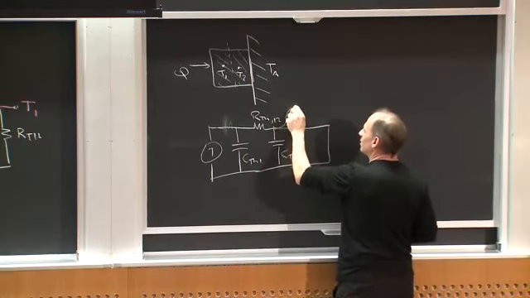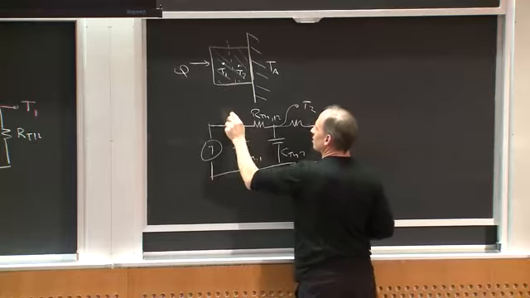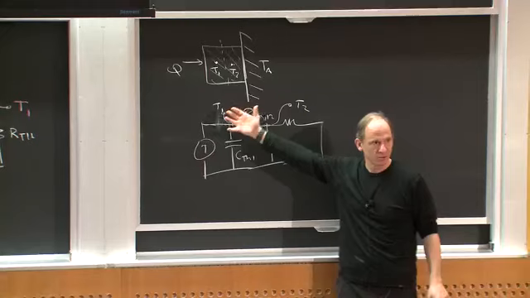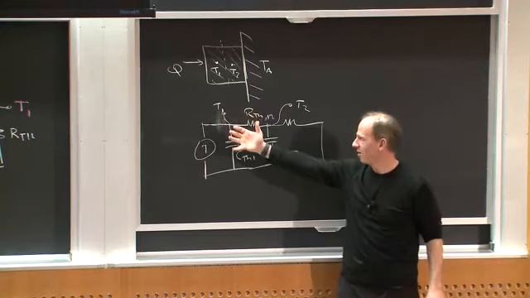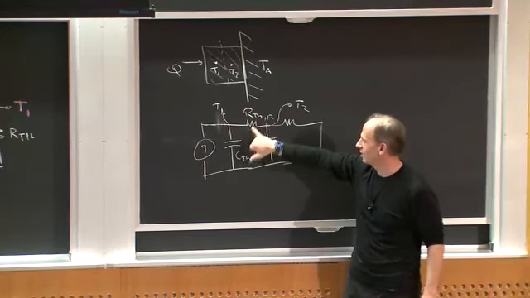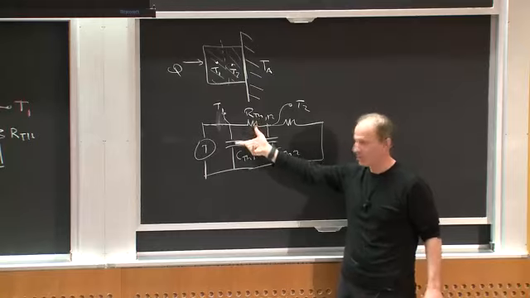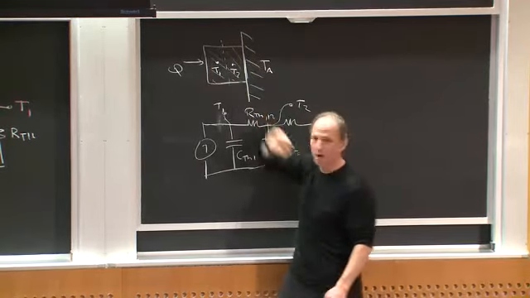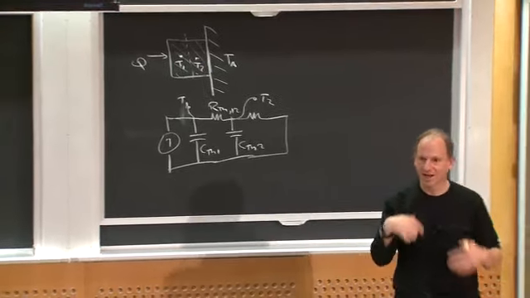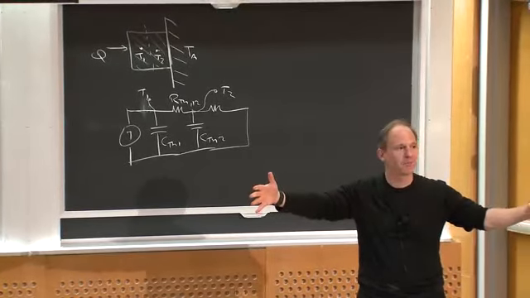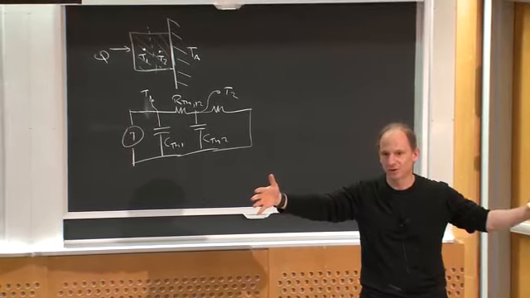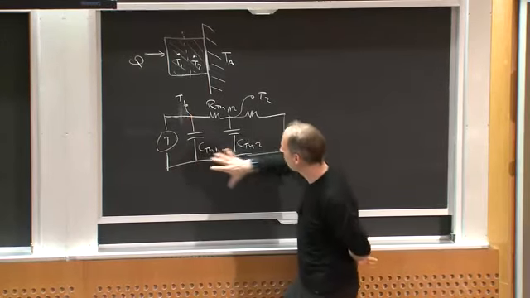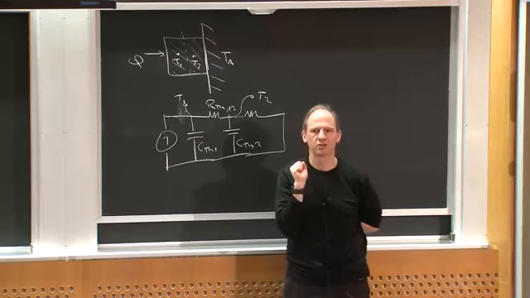And this is going to be T2, this is going to be T1. And now I have something that's more spatially accurate. If all things were equal, RTH, CTH would be sort of a factor of 4 smaller. I'd get better time resolution and better spatial resolution as to how I'm modeling my system. If I carry this to an extreme, I'm back to Fourier heat transfer and partial differential equations. So this is sort of your best lumped model approximation to Fourier heat transfer.